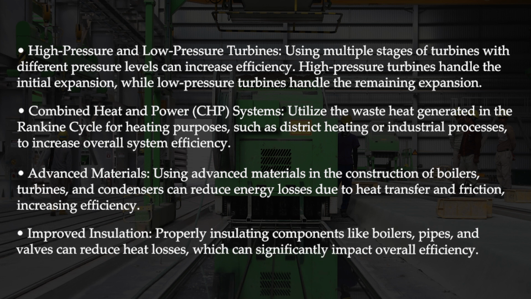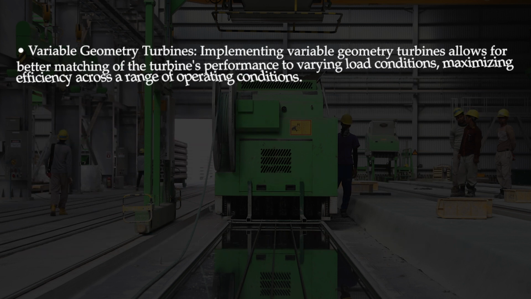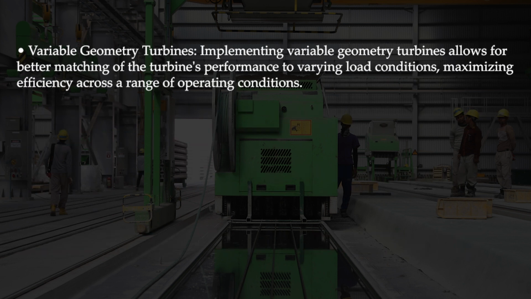Next we can use improved insulation. Properly insulating components like the boiler, pipes and valves can reduce heat losses, which can significantly impact overall efficiency. Next method is variable geometry turbines.